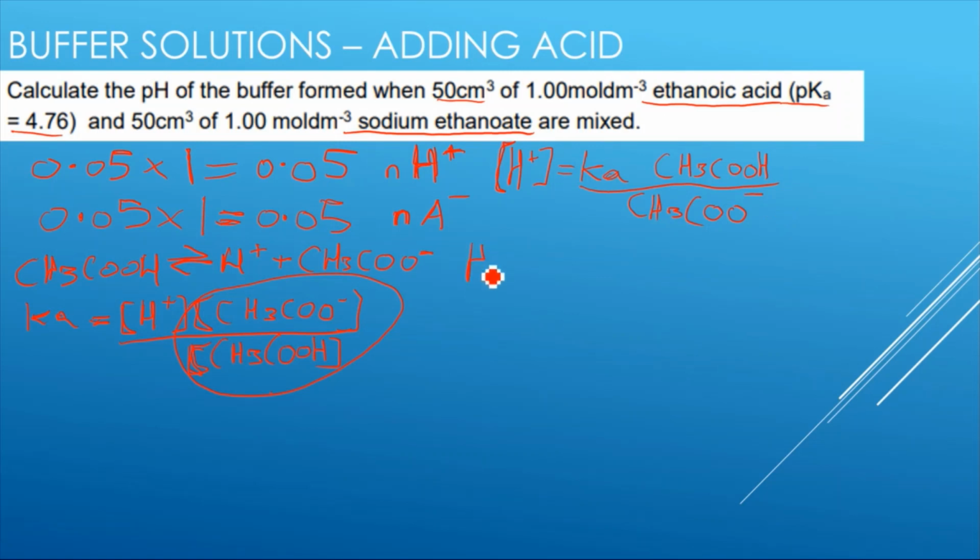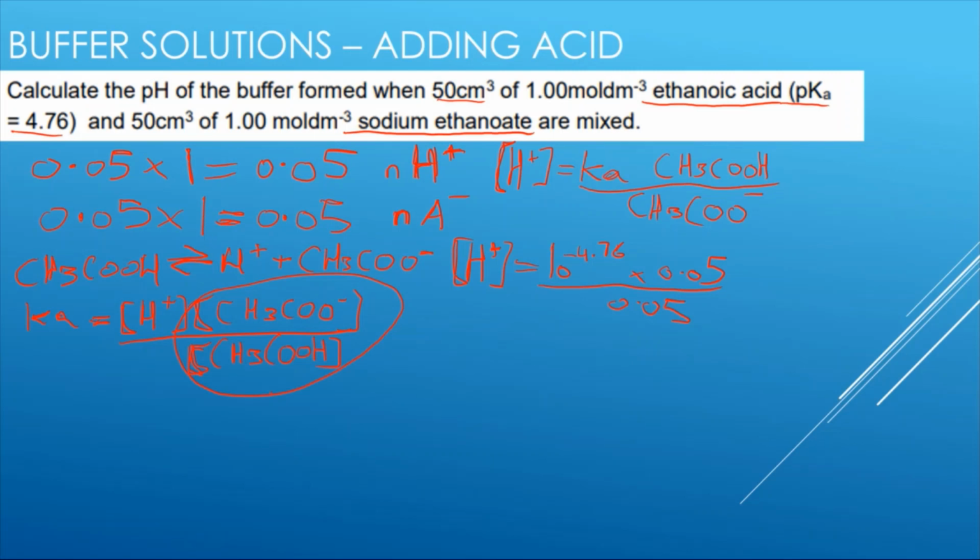So this is how it's slightly different. I'm not going to sub in the concentration of these, but rather the moles of these. So to find H+, I would simply do 10 to the power of minus 4.76 multiplied by the moles of ethanoic acid, which I have calculated as 0.05, and then divide that by 0.05 as the moles of the sodium ethanoate, or the ethanoate ions in this case.